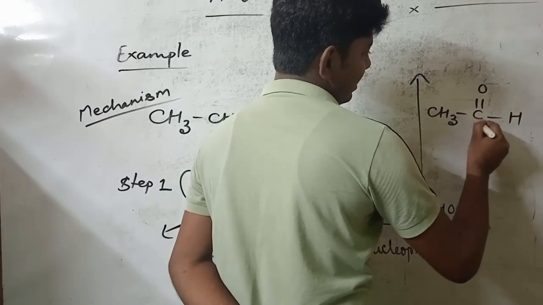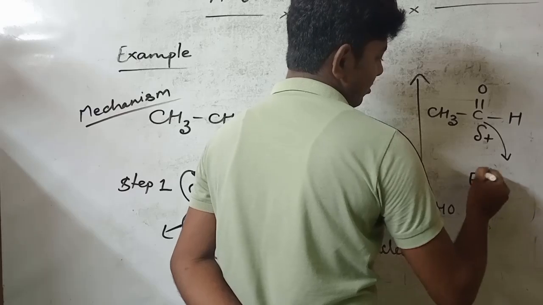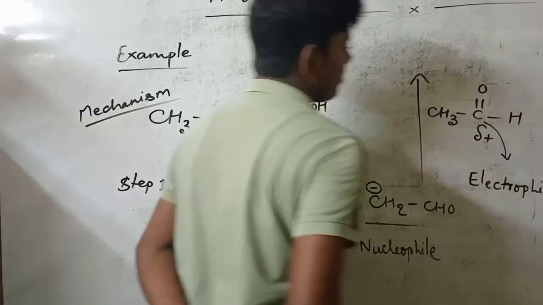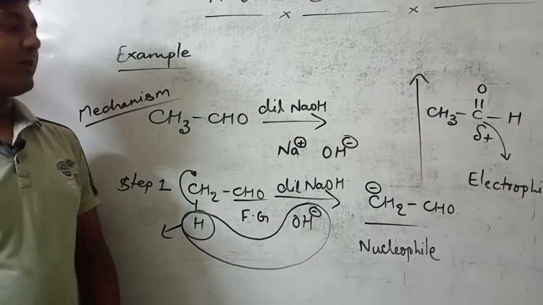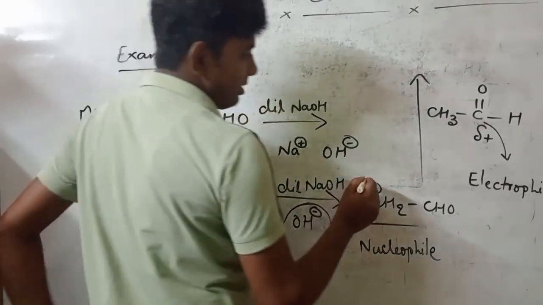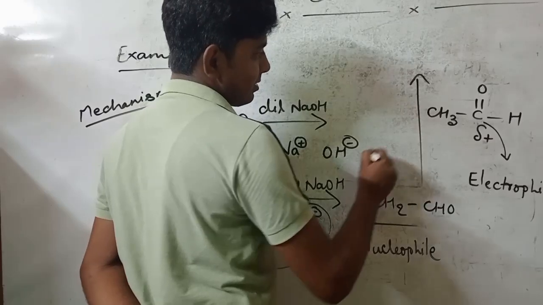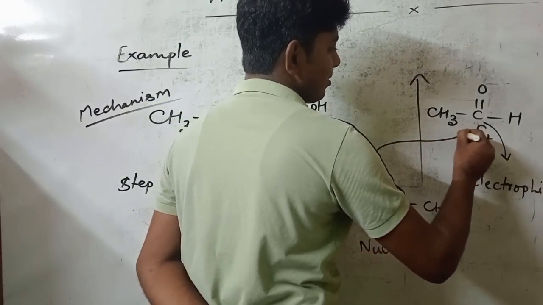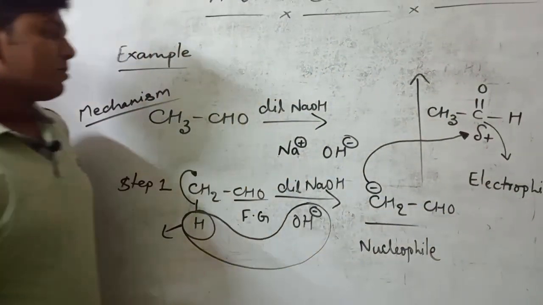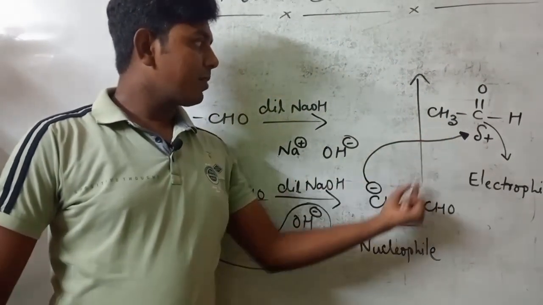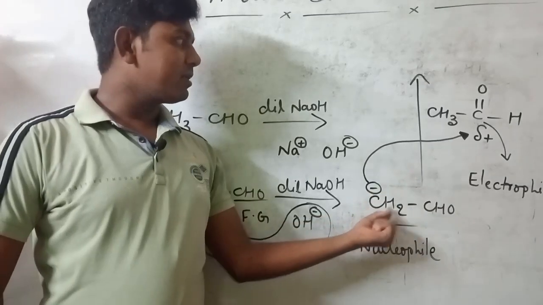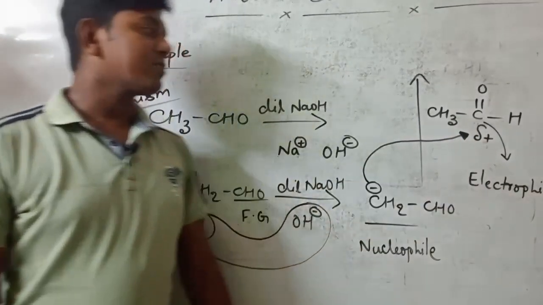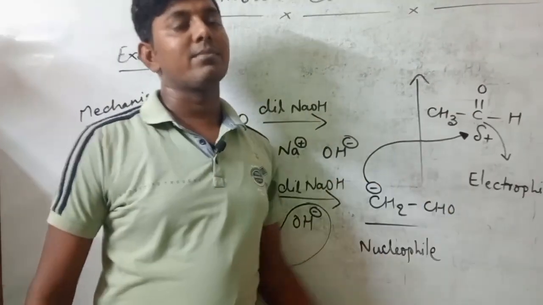This carbon is known as the electrophile. So this negatively charged species attracts towards the positively charged carbon atom. Here is step number 2: this negative charge atom attracts towards the electrophile, meaning the positive center of the carbon atom.